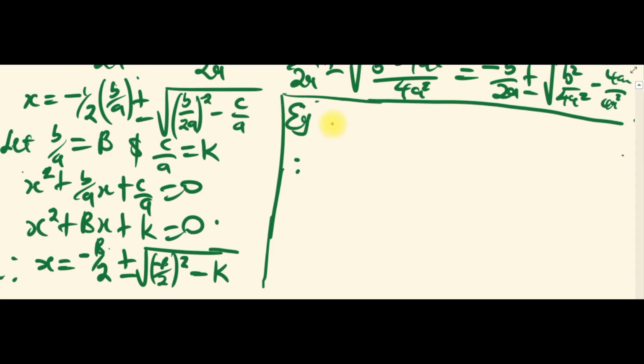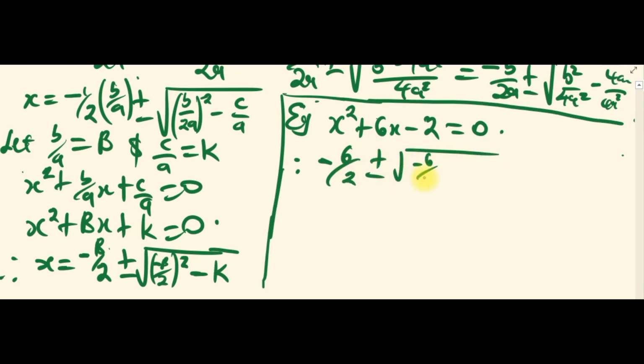For example, if you have to solve x squared plus 6x minus 2 equal to 0, you have to solve without wasting time. Applying this, our b is 6 and our k is minus 2. So we have minus 6 over 2 plus or minus square root of minus 6 over 2 all squared minus minus 2.